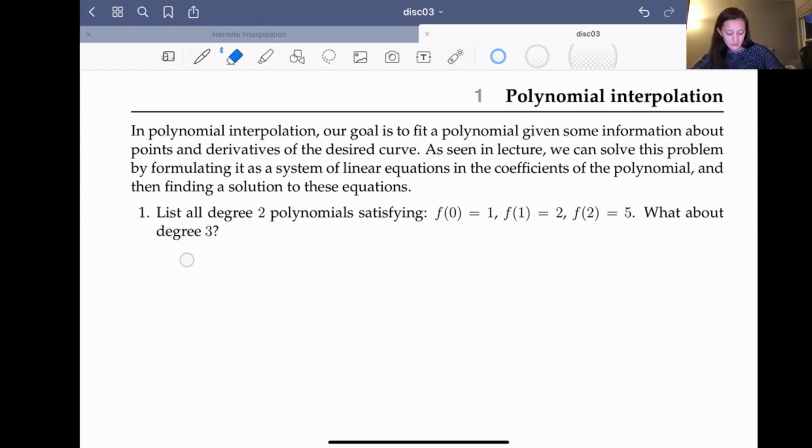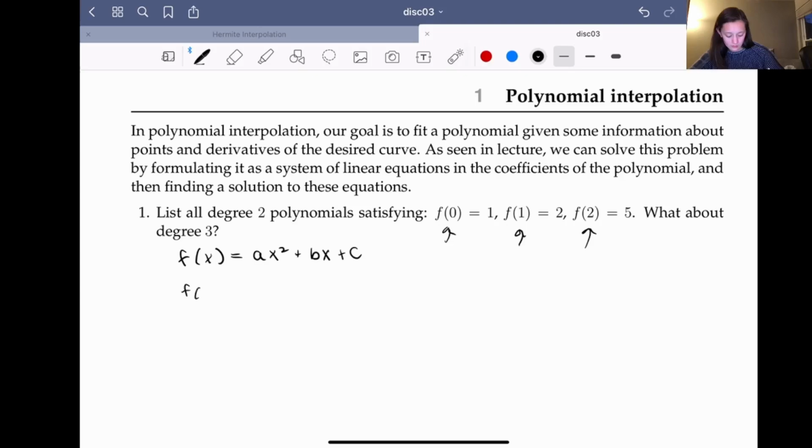So we know that the form of this polynomial will be this, since it's degree 2, and we can plug in these 3 points and get a system of linear equations.